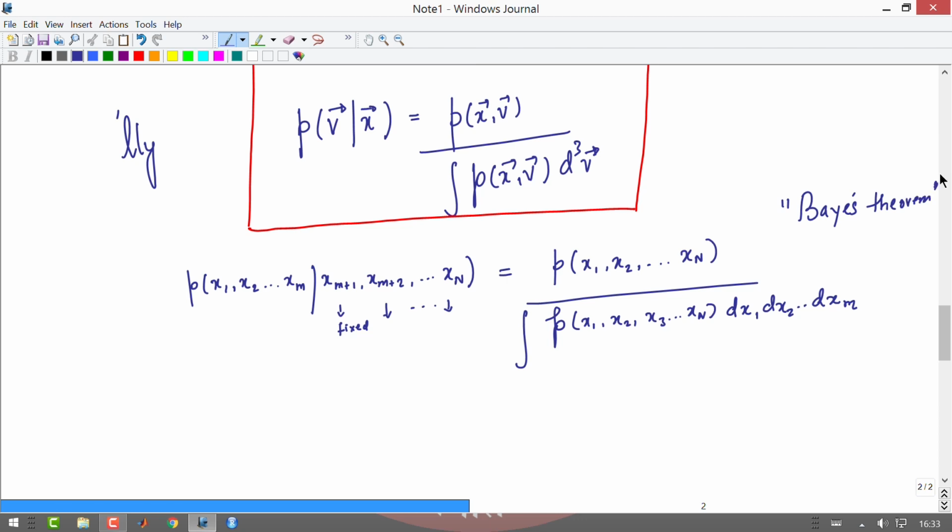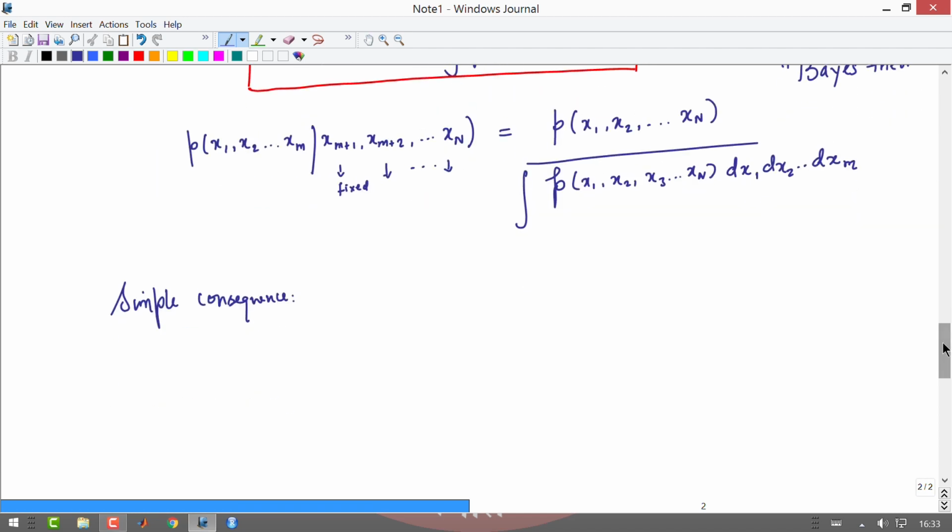And a simple consequence of a Bayes theorem is that if your random variables are completely uncorrelated, okay, let us take the simple case of two variables.